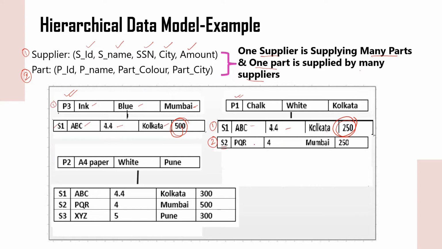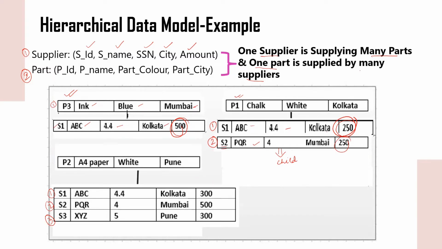So we have created another child record, and PQR is the name of S2 and SSN number, Mumbai, and 250 is the amount of part P1. Similarly, part P2 is supplied by S1. I have created one child record for S1, one child record for S2 and one child record for S3. So you can see the record creation is not a problem.